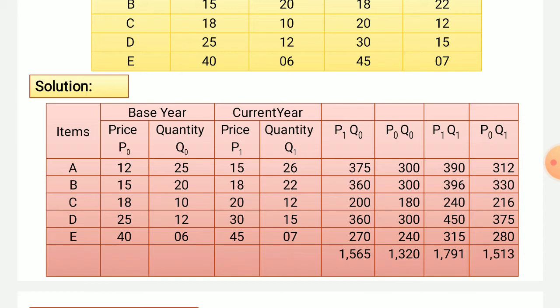Taking these first four columns as the base, we can prepare another four columns: P1 Q0, P0 Q0, P1 Q1, then P0 Q1.